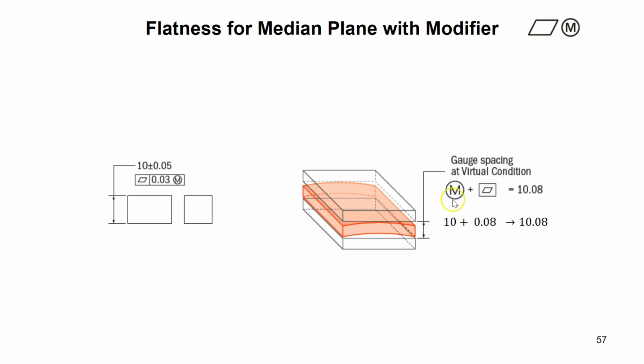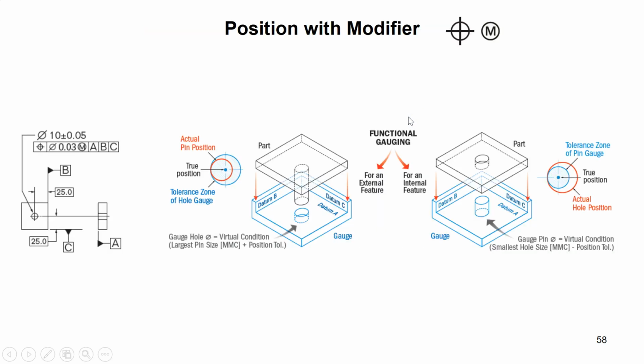My size is now 10 instead of 10.05. And so I can have more bending in the part. So this extra 0.05 that I gained for the bending, which is the difference between these two numbers, is what we call the bonus tolerance, the bonus geometric tolerance, because my linear dimension is not at MMC.